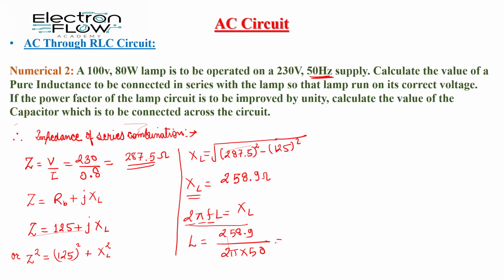After solving this, the value of the required inductance is 0.824 Henry. So we have calculated the value of a pure inductance to be connected in series with the lamp so that the lamp runs on its correct voltage. This is the first answer.